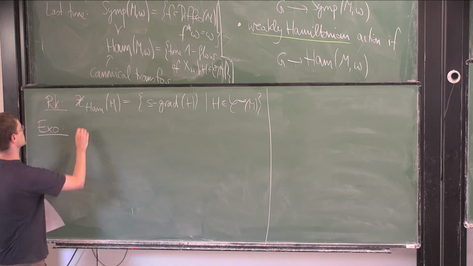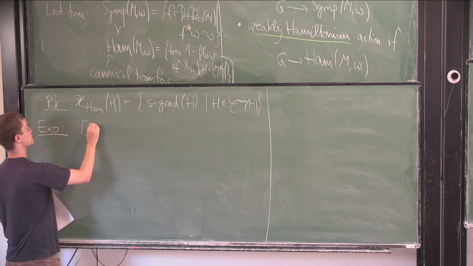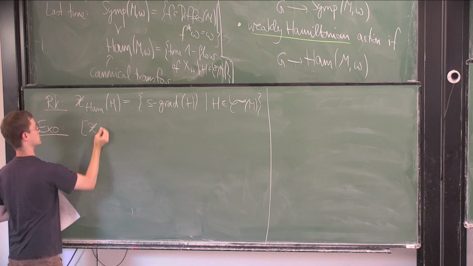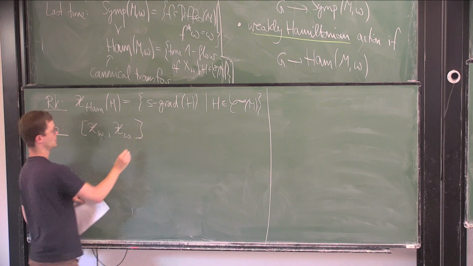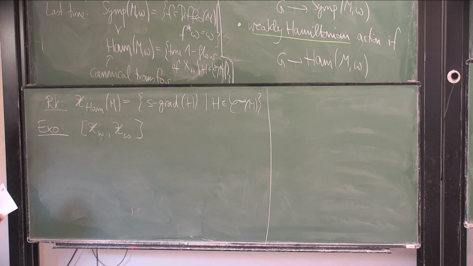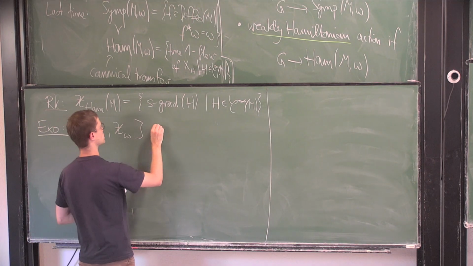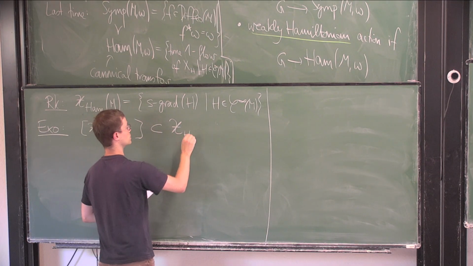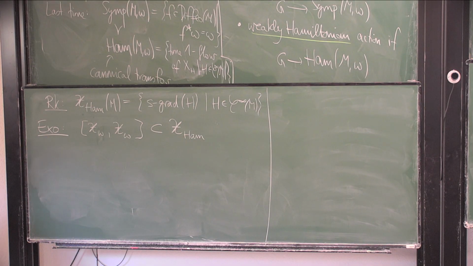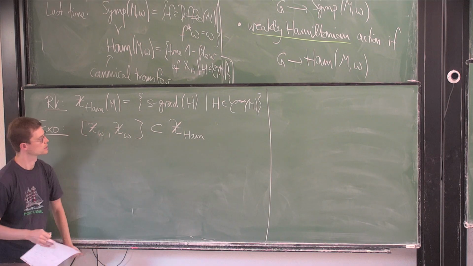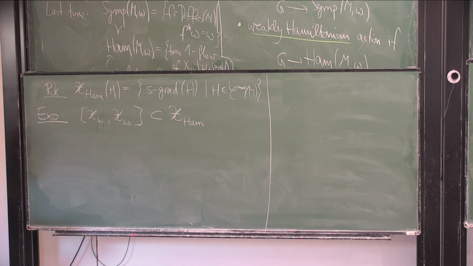There is a nice thing that when you take two symplectic vector fields and take their bracket as vector fields, then you get a Hamiltonian vector field. I think we will not really use this fact, but it's a nice fact.